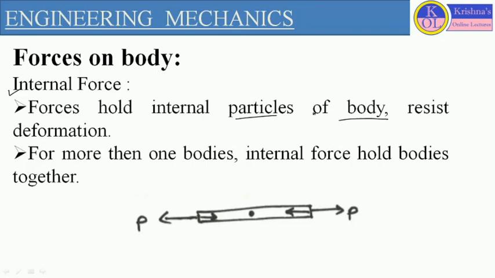Each and every particle is in contact with the others, forming a particular body. So within the particles of the body we consider the force of cohesion, and the force of adhesion we generally consider between two bodies, or two different materials.